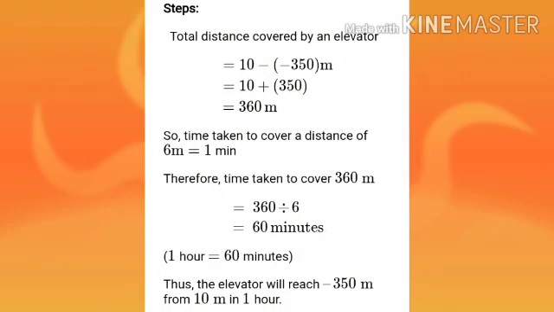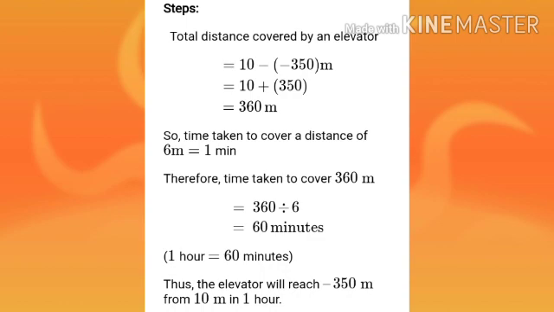Here is the solution. The total distance covered by the elevator is from 10 meters to minus 350 meters, right? The level is decreasing from a positive number to a negative number. 10 is a positive number and minus 350 is a negative number. So 10 minus into minus is plus 350 meters. Now we can add it. Totally 360 meters. Here the time taken to cover a distance of 6 meters is 1 minute.